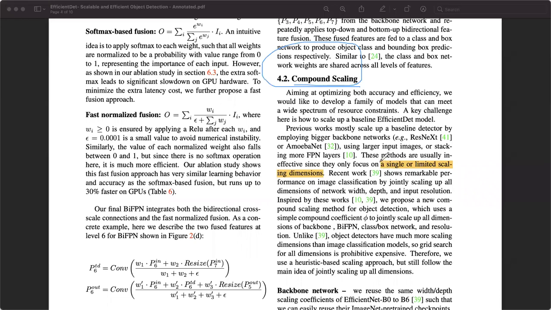Previous methods just focus on a single dimension or limited dimensions. What the authors propose is to have a single compound coefficient phi and jointly scale up all dimensions. And this is another main contribution here.